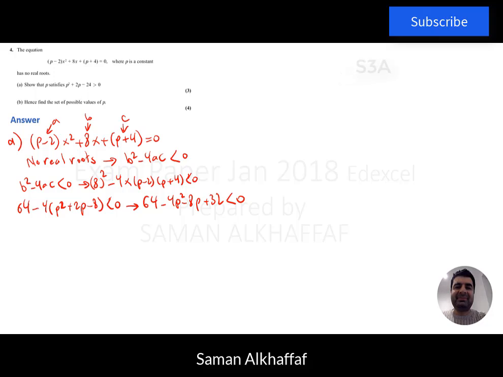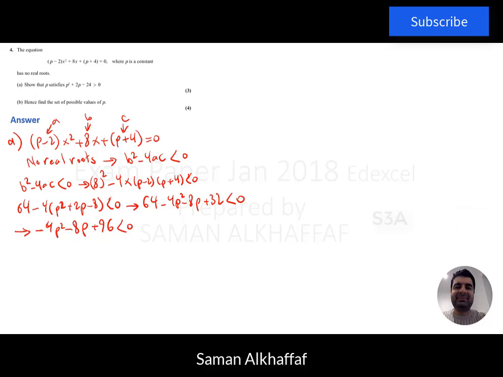Then we simplify this expression, and the next step would be -4p squared - 8p + 96 being smaller than 0.